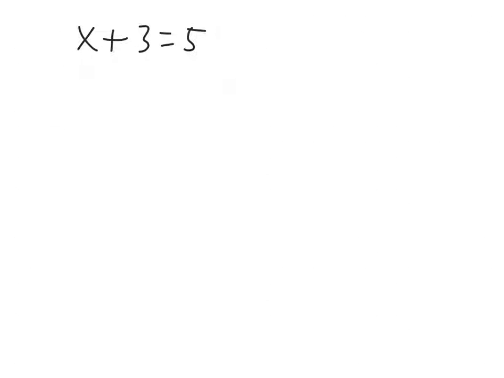And here's a quick example of that. So we have this equation, x plus 3 equals 5. So we need to undo the plus 3. So we rewrite the equation and subtract 3 from both sides. And remember, that's using the subtraction property of equality.